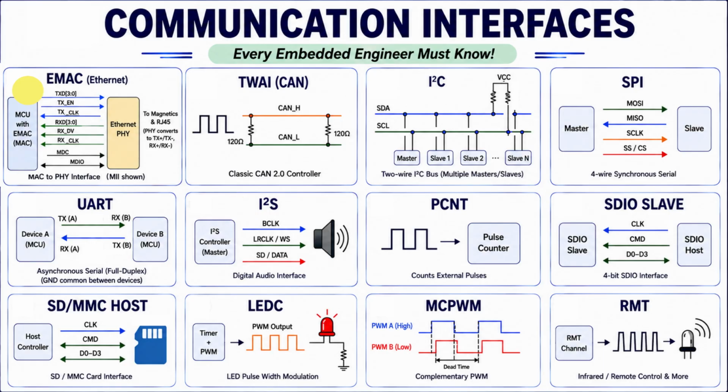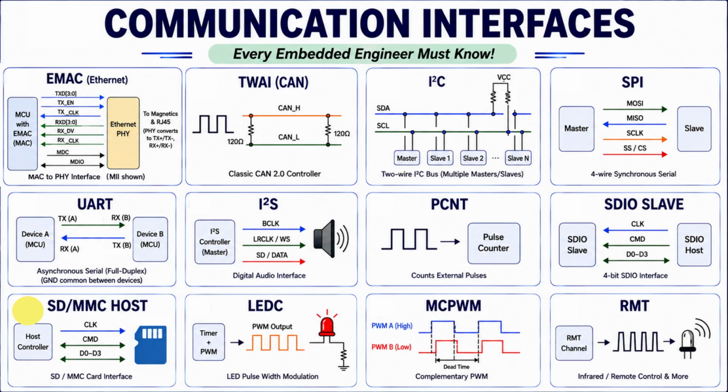Then we moved into the higher bandwidth and network-oriented interfaces. EMAC provided Ethernet MAC functionality and works with an external physical layer, PHY. TWAI provides CAN communication over a robust differential bus. Then we looked at the two SD-related modes. With SDIO Slave, the ESP32 waits for an external host.